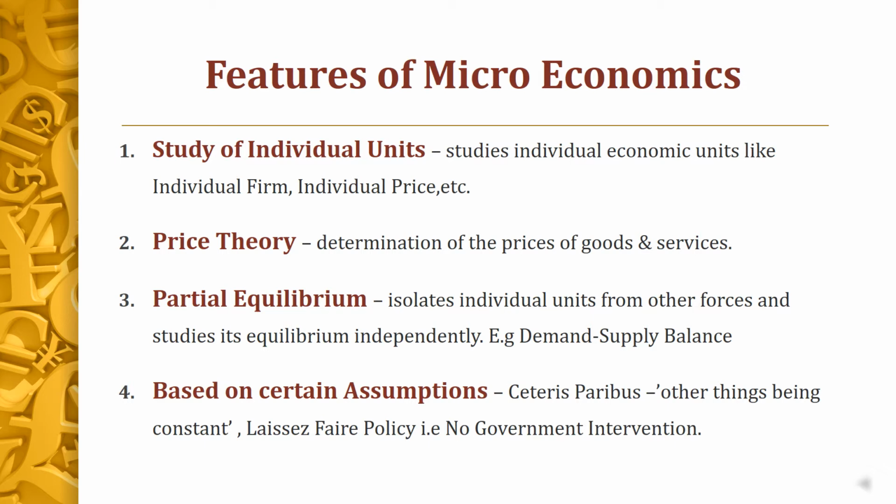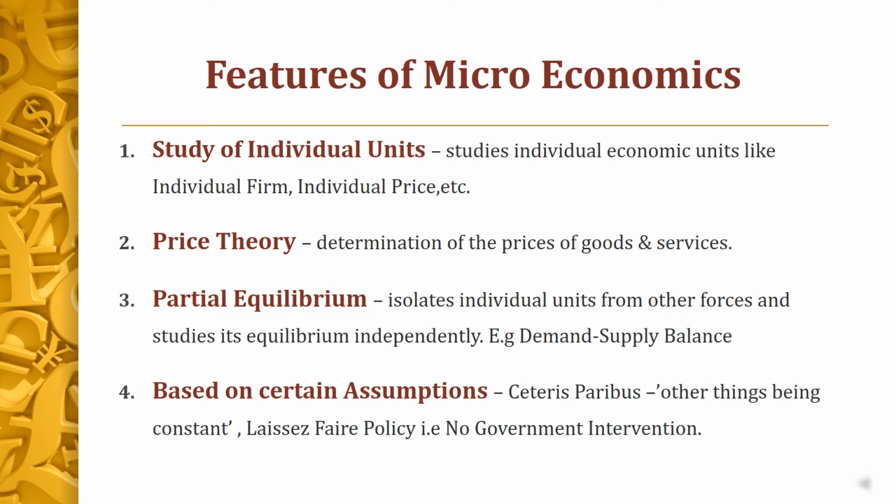For example, demand and supply balance. When you are studying a balance between demand and supply, you will not study other factors like government policy, because then it will not be independence, it will be interdependence. So when you study each unit independently, then you are using the partial equilibrium method.